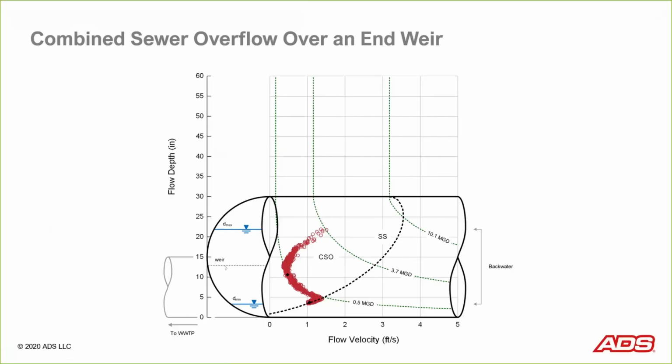The weir height is set at about 12 or 13 inches, and you can see that agrees right here with where that velocity kicks up. Every bit of this flow right here is flow that is going over the weir out to a CSO discharge point. That's a good example right there of a combined sewer overflow over an end weir.